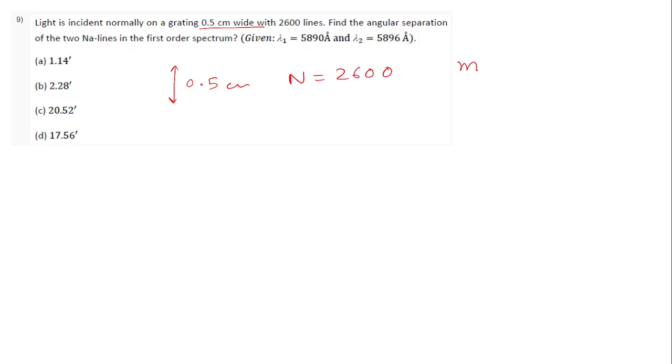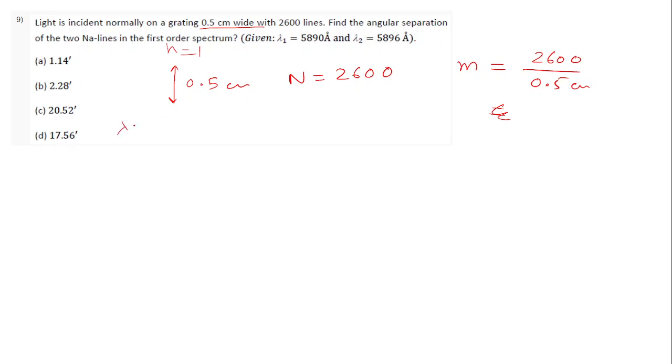That means the number of lines per unit length will be 2600 lines per 0.5 centimeters. Find the angular separation of the two sodium lines in the first order spectrum, meaning n is equal to 1. Given lambda 1 is this and lambda 2 is this.